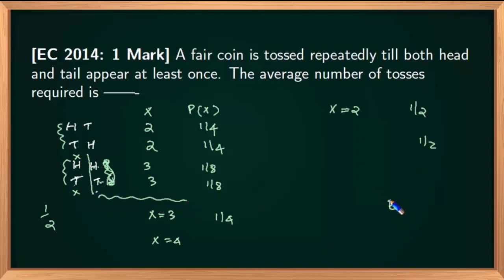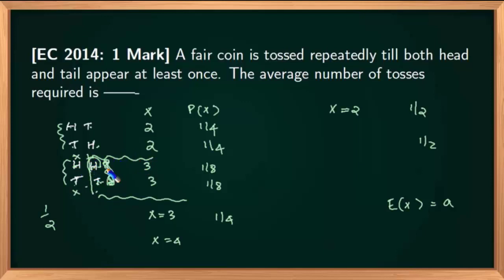If I say that the expected value of x is a, then when head and tail comes and tail and head comes, the problem is solved. With half probability, the expected number of tosses will be 2. Whereas if head follows a head and a tail follows a tail, with a probability of 1 by 2, I have to repeat the experiment from this point. From here onwards, the expected value will be the same, because the first thing is wasted.